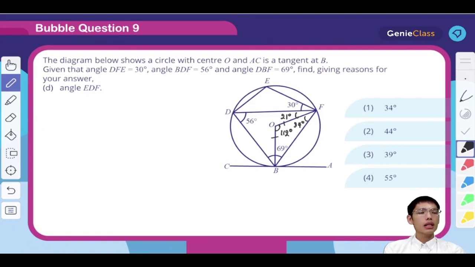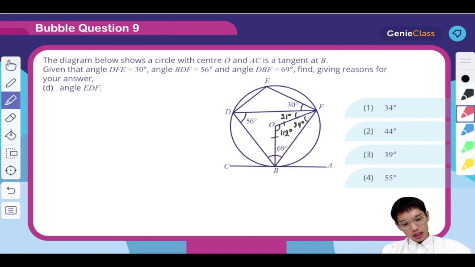Zoom out a little bit more to actually check. 1 minute left. Take note, I want EDF. Look at the question carefully. I need EDF.